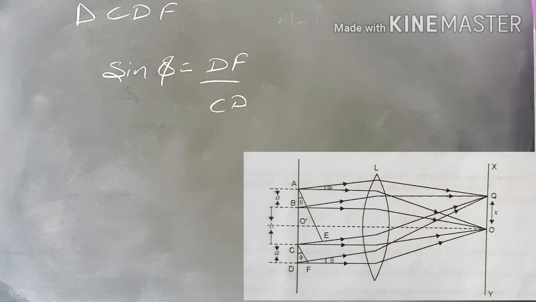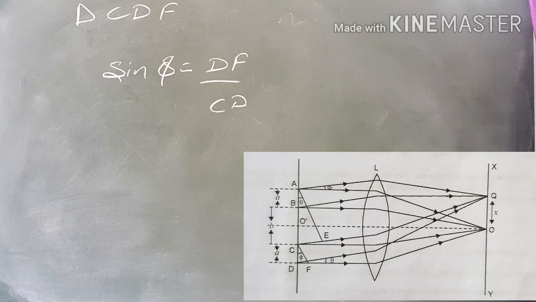Here two slits are present, and diffraction happens individually with each slit. So first we have to find the path difference between the rays coming from the points C and D, which is DF.